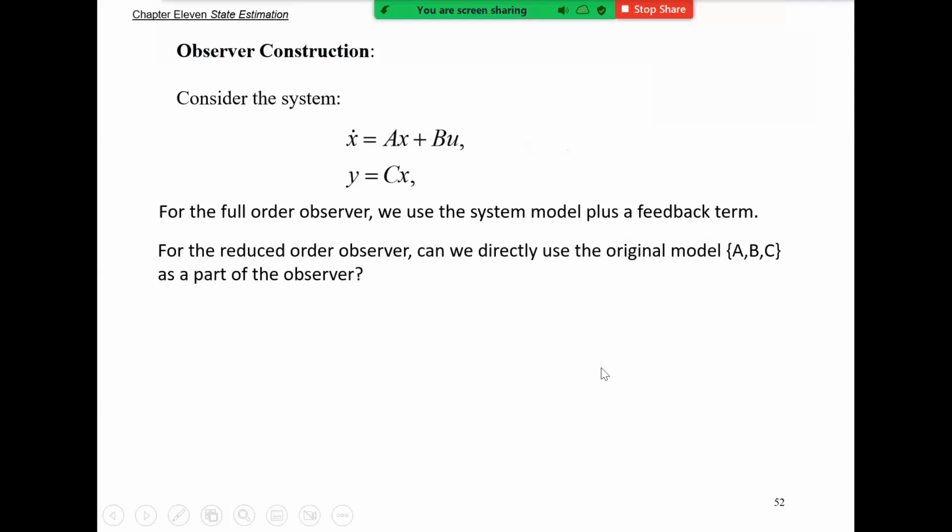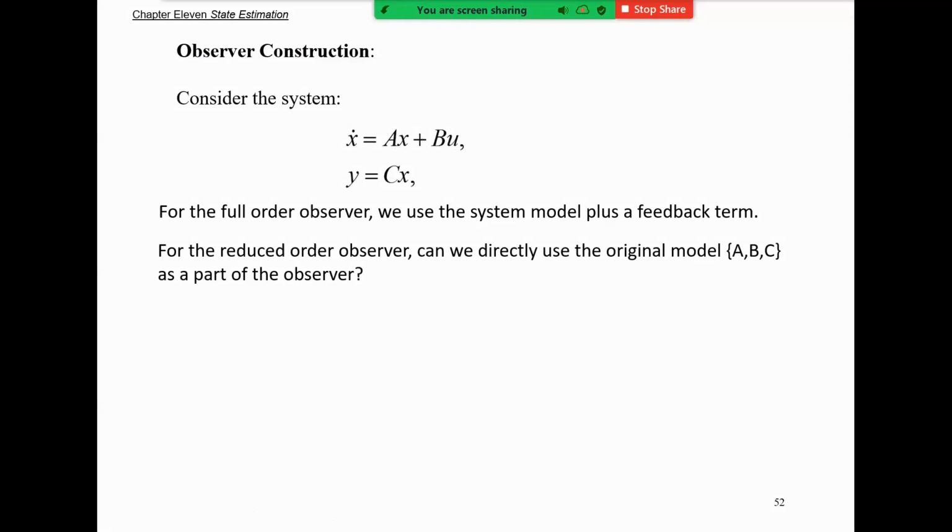Now think about the observer for the reduced order one. Can we also directly use the original model as a part of our observer? Can we still use A, B, C as a part of the observer? What do we try to estimate? Do we try to estimate x? We don't try to estimate x. We try to estimate T times x.